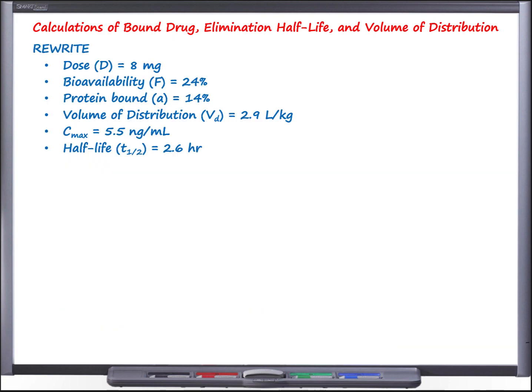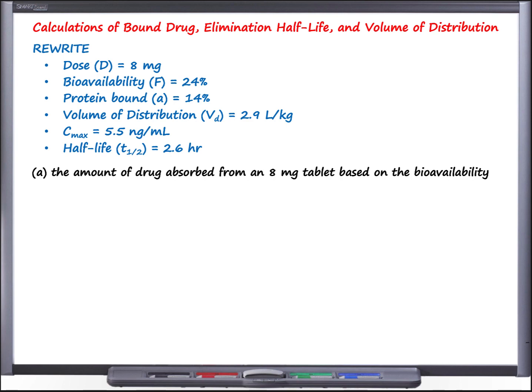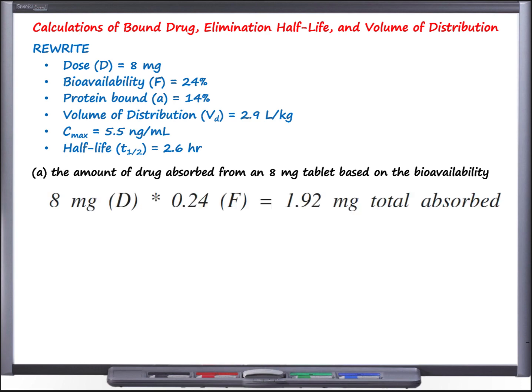With that information, let's go through these questions one at a time and go through a variety of different pharmacokinetic parameters. The first one we'll revisit is bioavailability, because the first question wants to know the amount of drug absorbed from an 8 milligram tablet based on the drug's bioavailability. To do that, we set up this formula. We take the dose, 8 milligrams, and multiply it by its bioavailability factor, which they gave us as 24%.